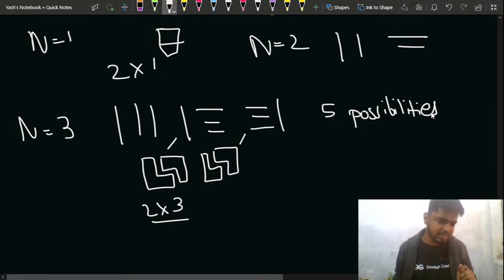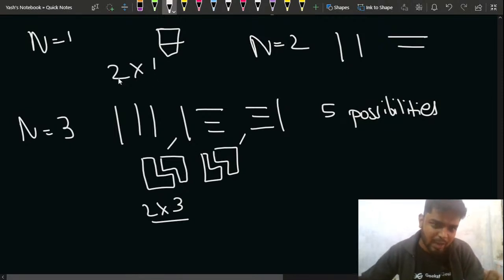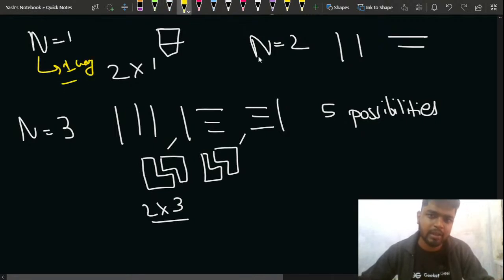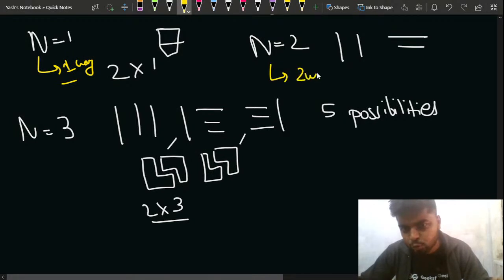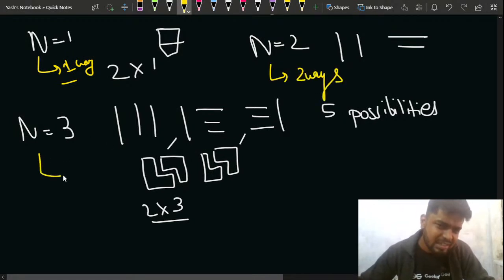If n was 1, I can only have one way to do it. If n was 2, I can have 2 ways. If n was 3, the total number of ways is 5, right? Is this much part clear to everyone?